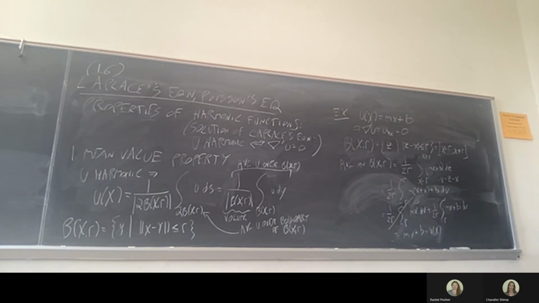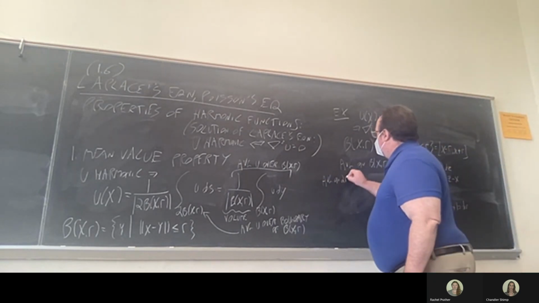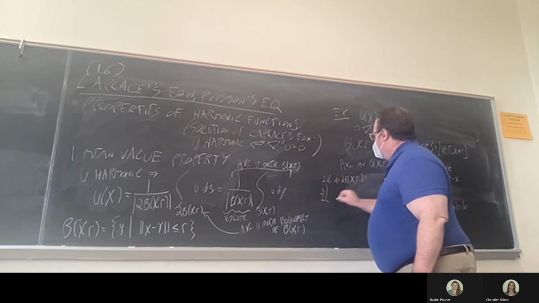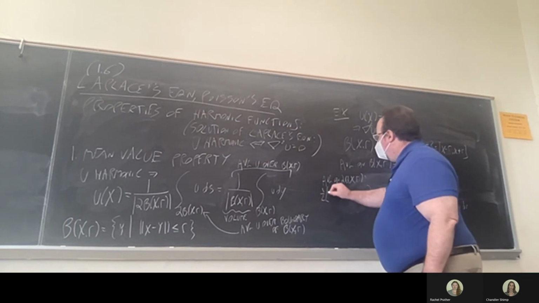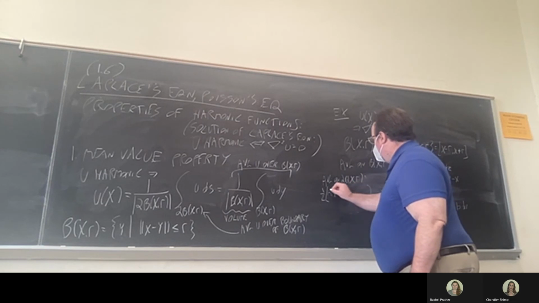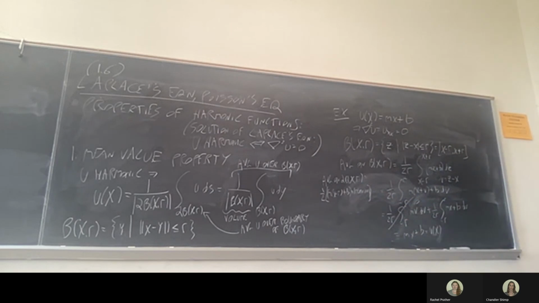I can show the same thing on the boundary. That's easier in this case. So that's the average of, if I plug in the endpoints, x minus r and x plus r.